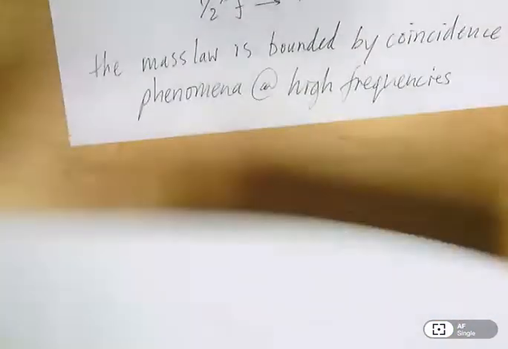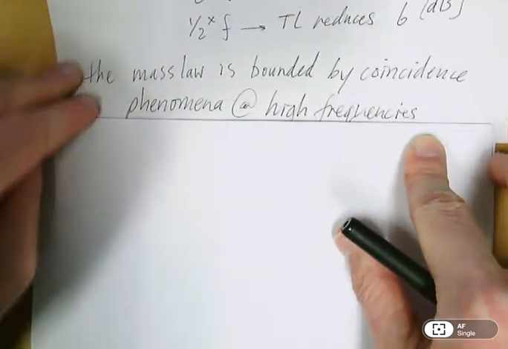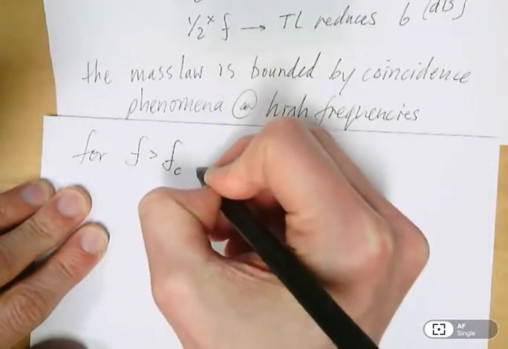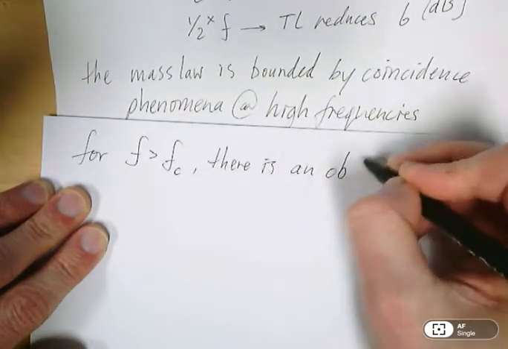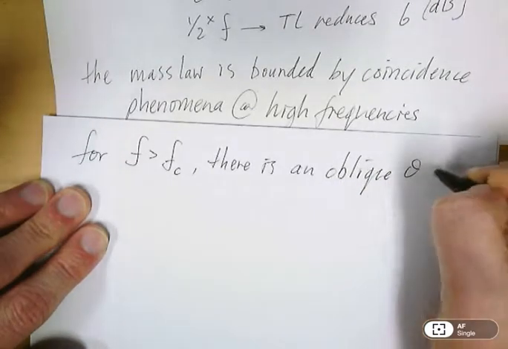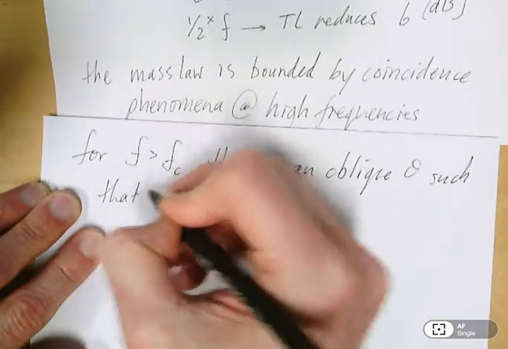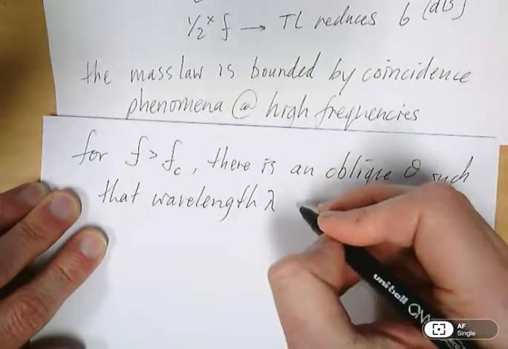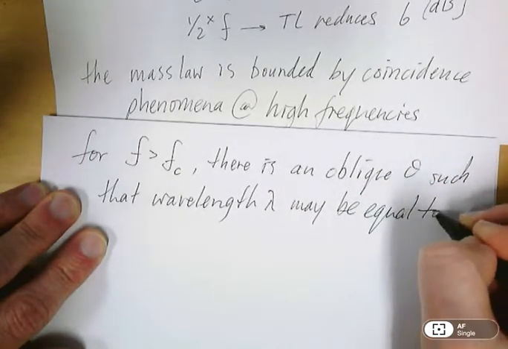What is found is that for frequencies greater than the critical frequency, there is an oblique angle theta such that the wavelength of the acoustic fluid may be equal to the bending wavelength.